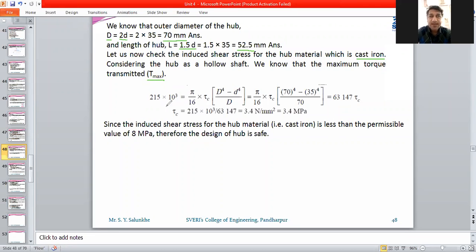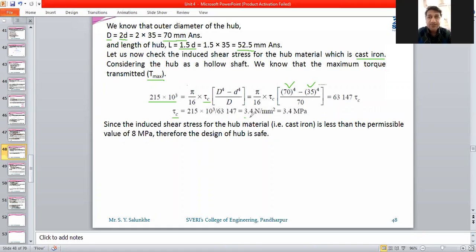The maximum torque which you want to transmit by means of the hub is 215 into 10 raised to 3 Newton millimeter, equal to pi by 16 into allowable shear stress in the coupling multiplied by (D raised to 4 minus d raised to 4) divided by D. Now, capital D we have calculated as 70 millimeter, small d we have calculated as 35 millimeter.